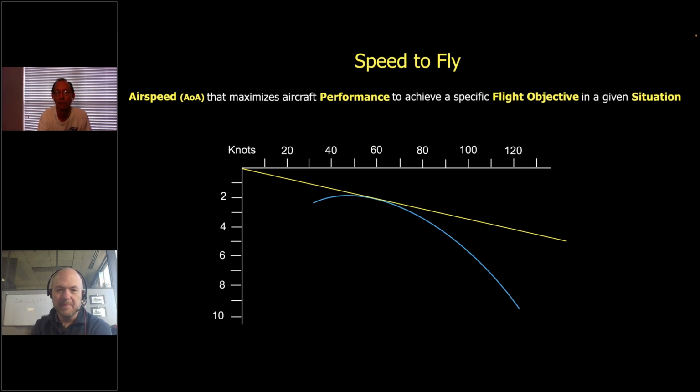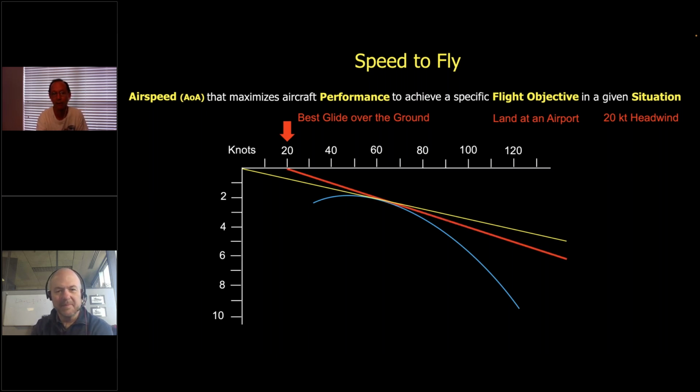All right, so let's change the situation, and let's go with a headwind of 20 knots. The glider polar is useful in determining what's going on here. Again, your objective is to land at the airport. Your performance objective is your best glide over the ground. The polar will show you how to do that by, again, tracing a tangent line to the curve from the 20-knot headwind.